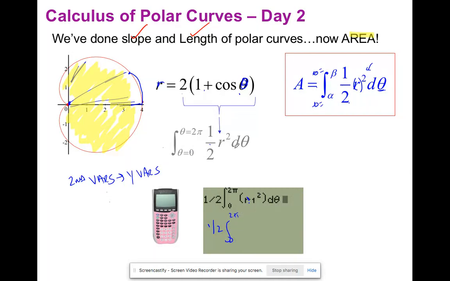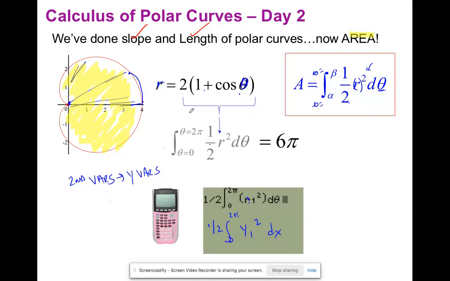Put this equation in y1, call up y1, square it, dx, and you will get the same thing. When you use your calculator, you will not get 6 pi, but you will get 18 point blah, blah, blah, and it is 6 pi. Okay? That seems pretty easy. Well, it is with fairly simple curves.